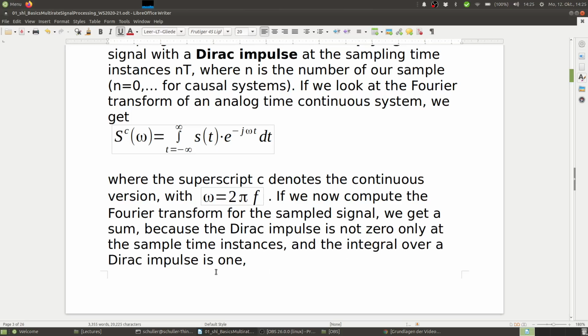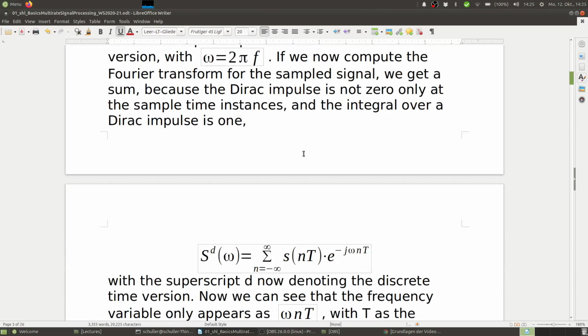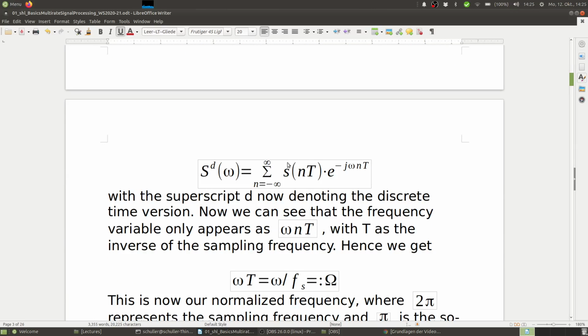Because the integral over a Dirac impulse is 1. So here, if this only lives at the sampling intervals where we have a Dirac pulse, then the integral over each of those Diracs will be 1, and what's left is just the value of s at time instance nT, right? And this leads us to this result.